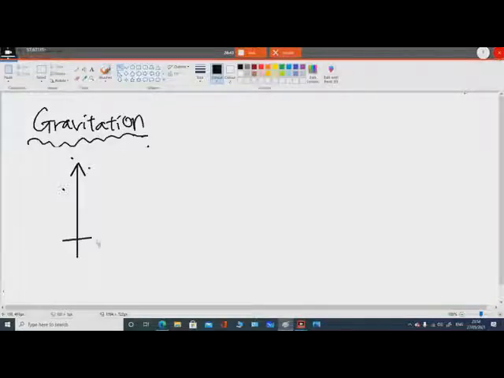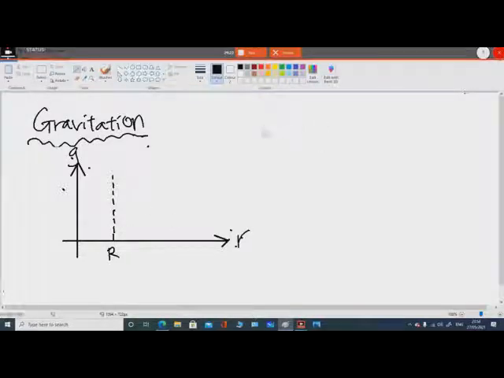Just now, when the object was approaching Earth, g was negative. When the object moves away from the Earth, g is positive. So this g will be a positive value. This one is our g and this one will be our r. This is the inside of the Earth and this is the outside.